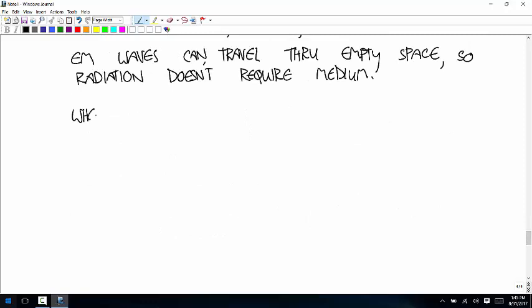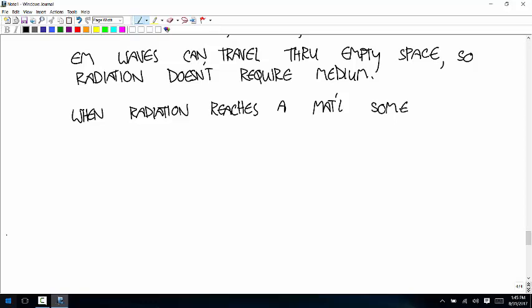When radiation hits another material, some is transmitted, some is absorbed, some is reflected.